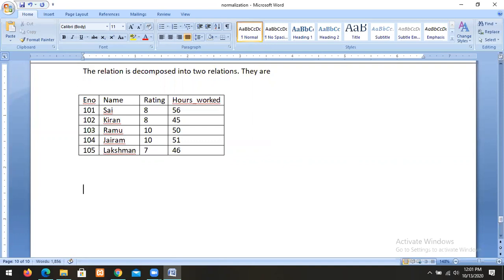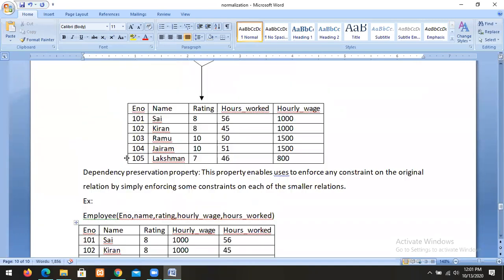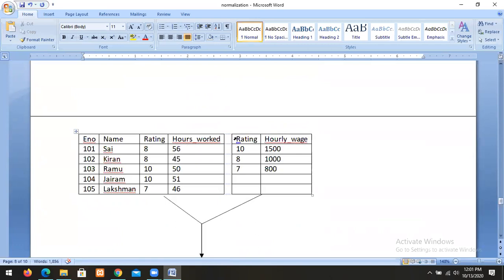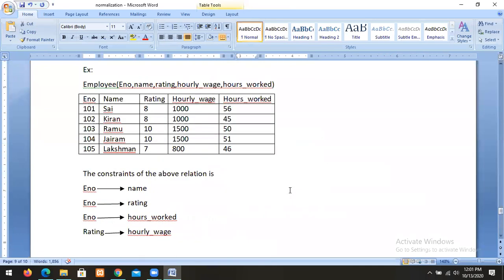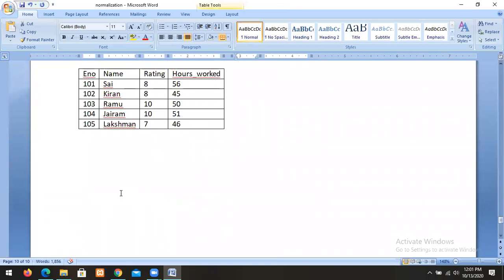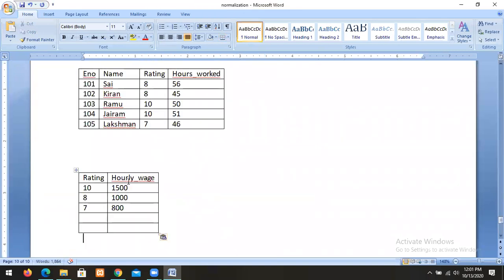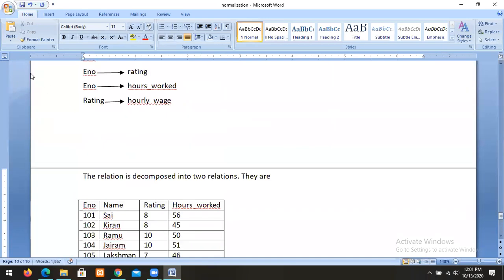There are some constraints. The other relation is this another relation, and there are some constraints here as well.